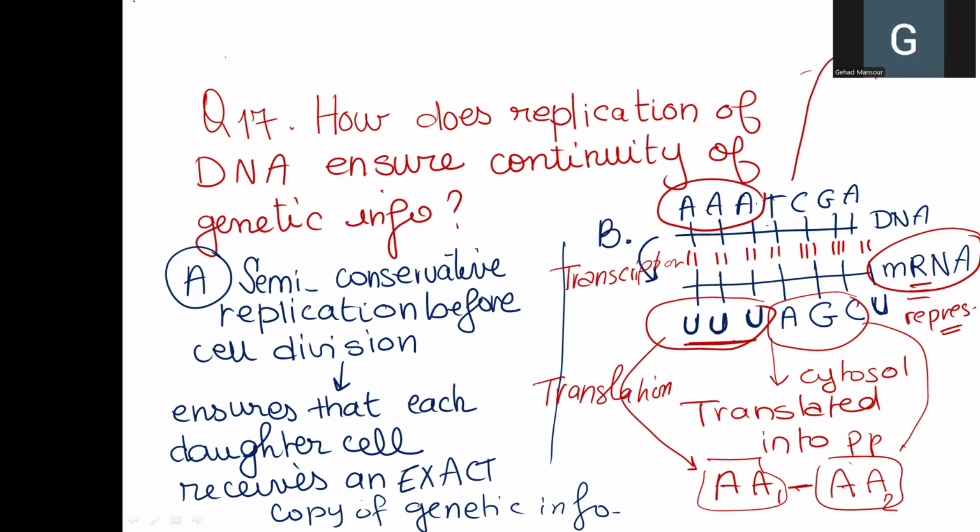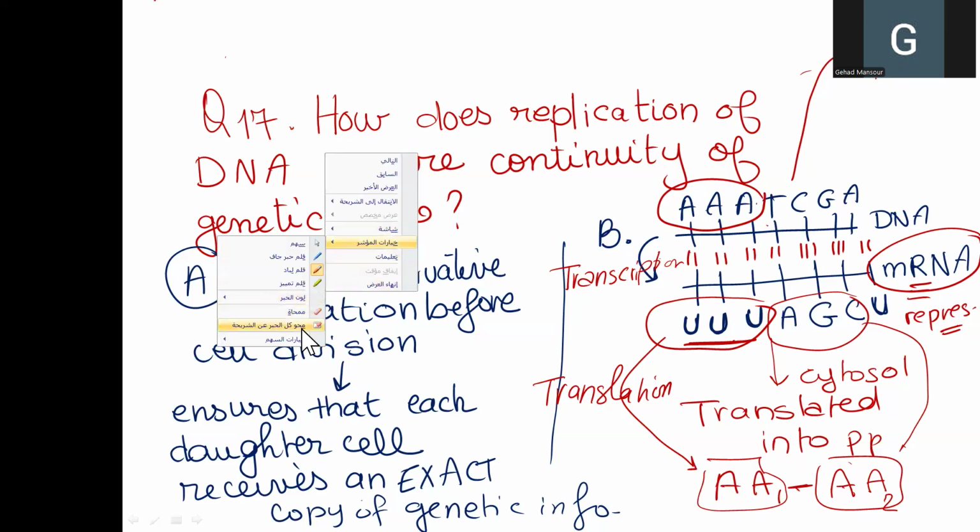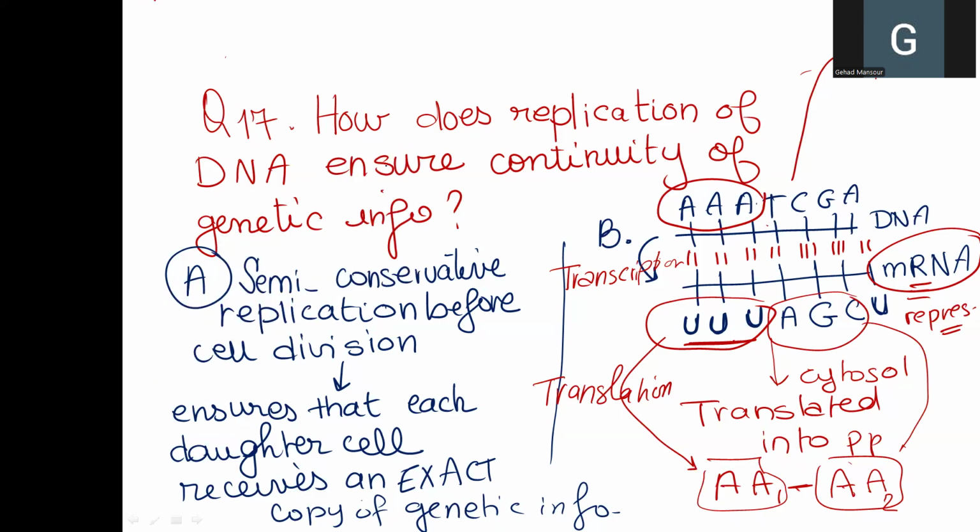The third factor that ensures continuity of the genetic information, because when we say continuity of the genetic information, we are not only talking about the transfer of the genetic information, but also the correct transfer of the genetic information, and this is ensured by the third process, which is proofreading.